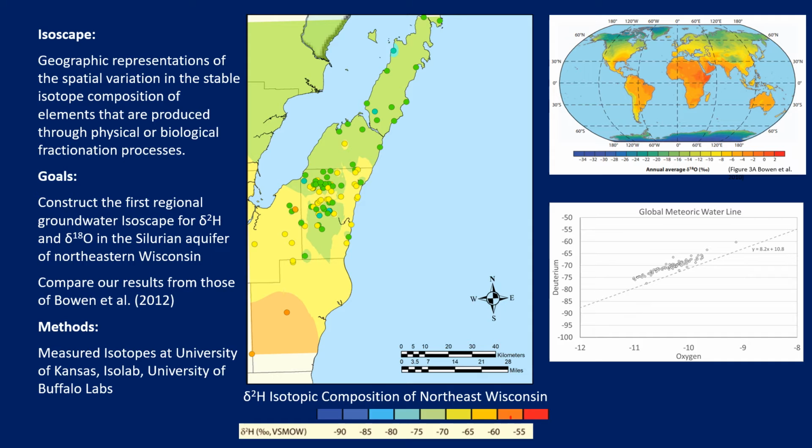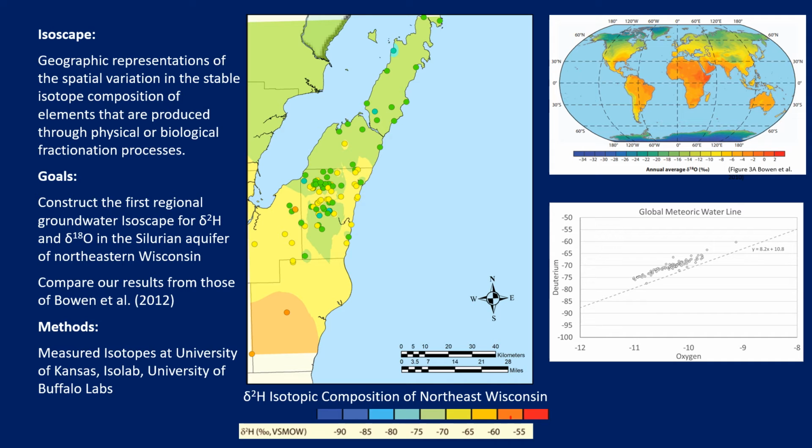Isoscapes are geographic representations of the spatial variation in the isotopic composition of elements. They are produced through the physical and biological fractionation processes that we talked about earlier. In the Midwest, the predominant driver of deuterium and oxygen-18 fractionation is temperature and latitudinal variation, as opposed to the elevation variation like in the Rocky Mountains.